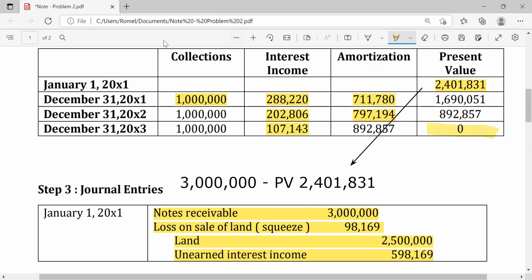However, how much is the consideration that you receive from selling the land? It's 2,401,831. So therefore, lugi ka. Kasi ang give up mo, 2.5 million, pero the consideration that you receive is only 2,401,831. So therefore, this is a loss on sale of land, 98,169. So that is for January 1, 20X1. And then next.